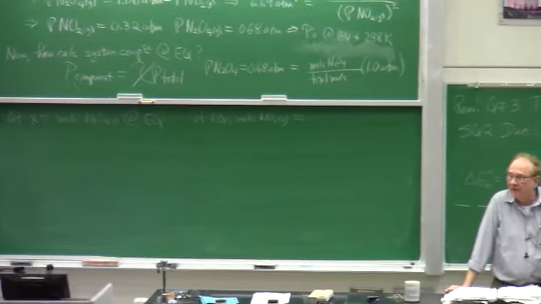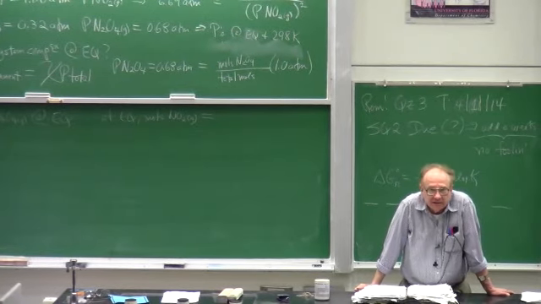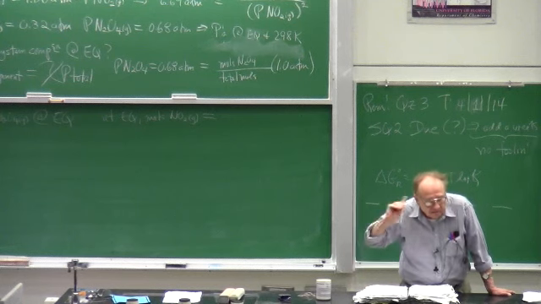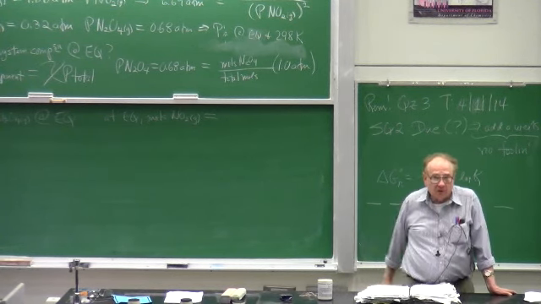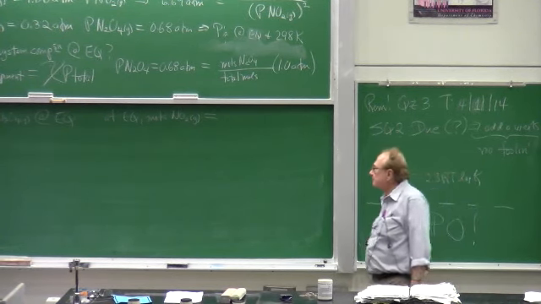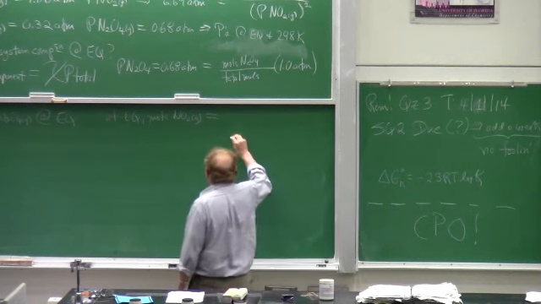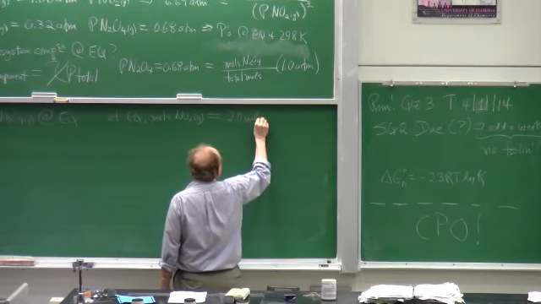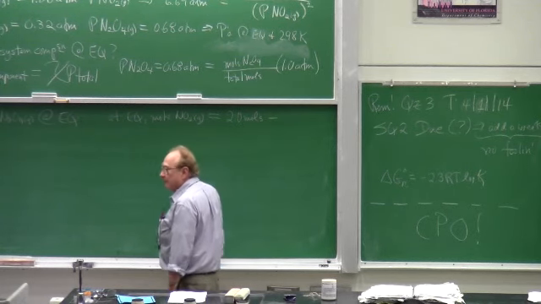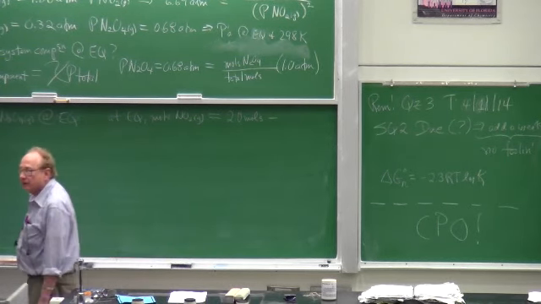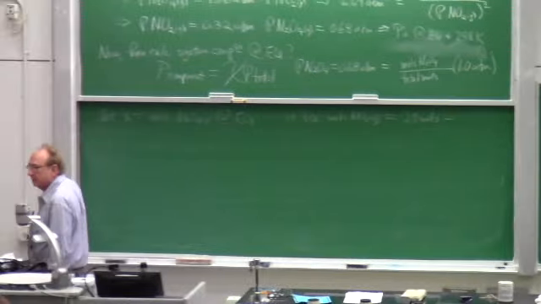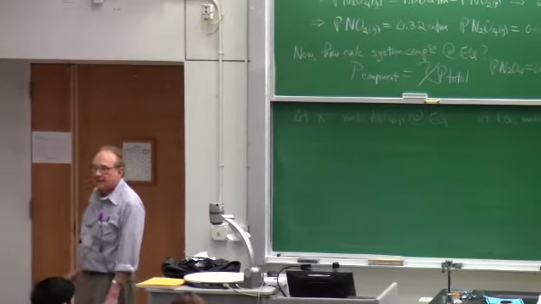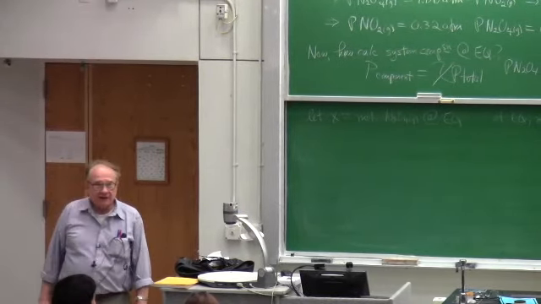How many moles of NO2 gas did we begin with? 2.0 moles, right? And to establish equilibrium, how many moles of NO2 disappeared?